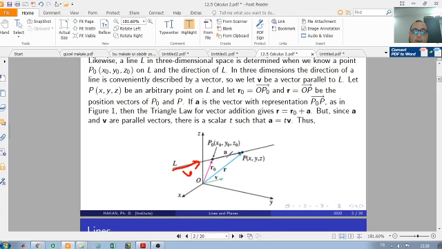Similarly, we can obtain another vector a, the black vector on the line, by combining the points P0 and P. So a is the vector P0P, and the vector v has the components v1, v2, v3.